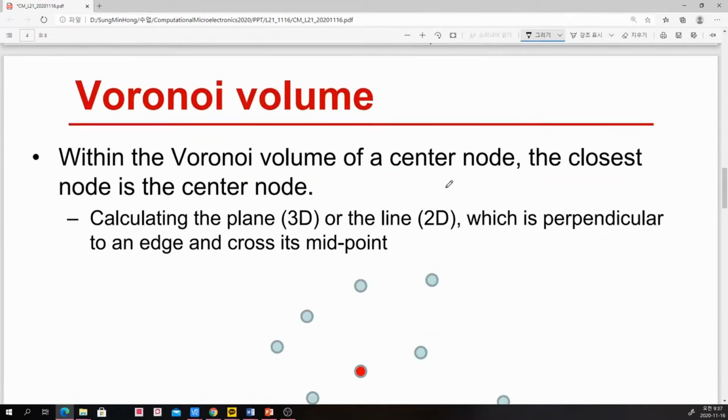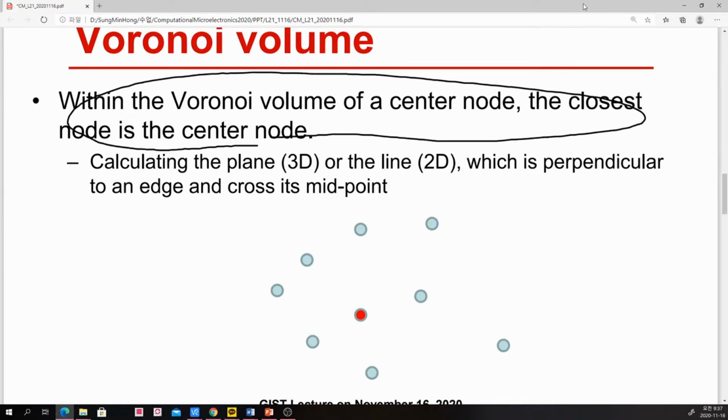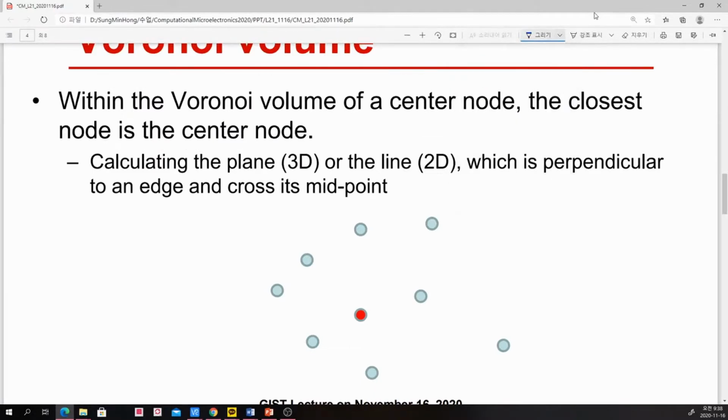So I'm just talking about how you can calculate the Voronoi volume. This is actually related to the definition. Within a Voronoi volume over a certain center node, the closest node is always the center node. So let me just repeat again. Here we have many nodes.